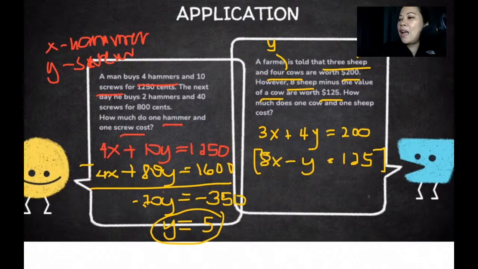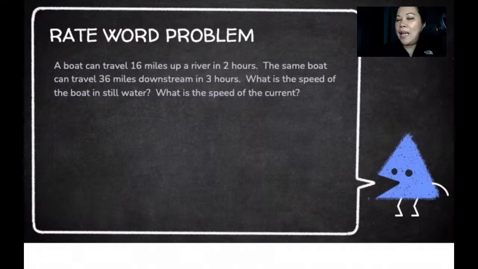Okay? Let's have more equations then. This one is about rate. This is a rate word problem. The first thing we have to do, if you have a word problem, is identify what is given. A boat can travel 16 miles up a river in 2 hours.